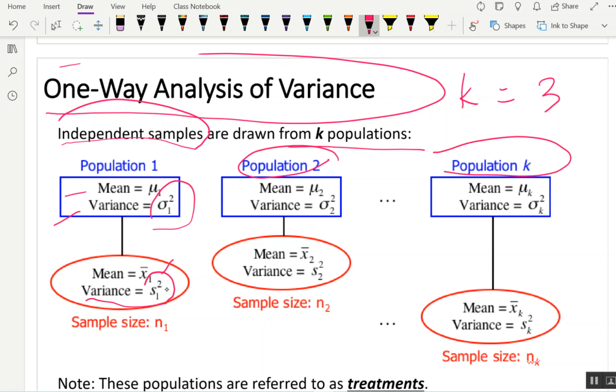Sorry, this is not necessarily 3, I just assume it is 3, but it can go up to k, meaning that if you have 5 populations, your k will be equal to 5. So this is just a notation for the number of populations that we are looking at, up to k populations.